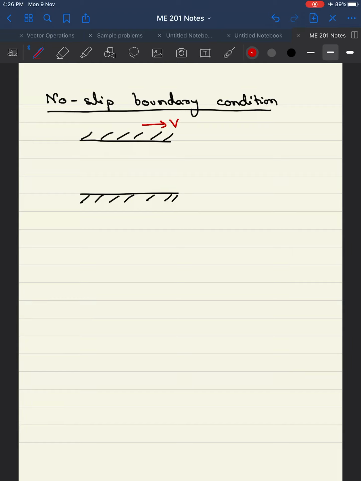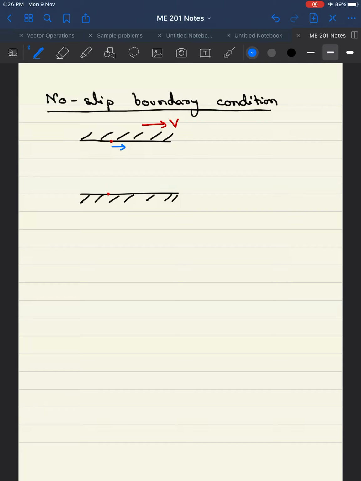Then you have to impose boundary conditions at these two boundaries, and the no slip condition states that the tangential component of the velocity at a wall implies that the velocity of the fluid here has to be exactly the same as the velocity of the wall. Basically, it's implying that the fluid is not slipping with the wall. Whatever tangential velocity the wall has, so does the fluid.